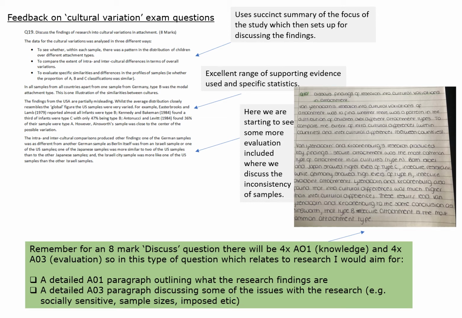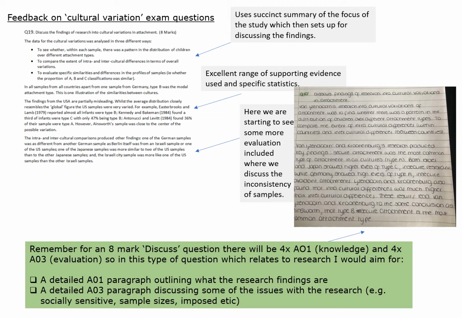She then goes on to give a really excellent range of supporting evidence, so not just relying on the Van Ijzendoorn study, but referring to other people in there, like the Kennedy and Bakeman study, and giving specific statistics as well, which really impresses the examiner.